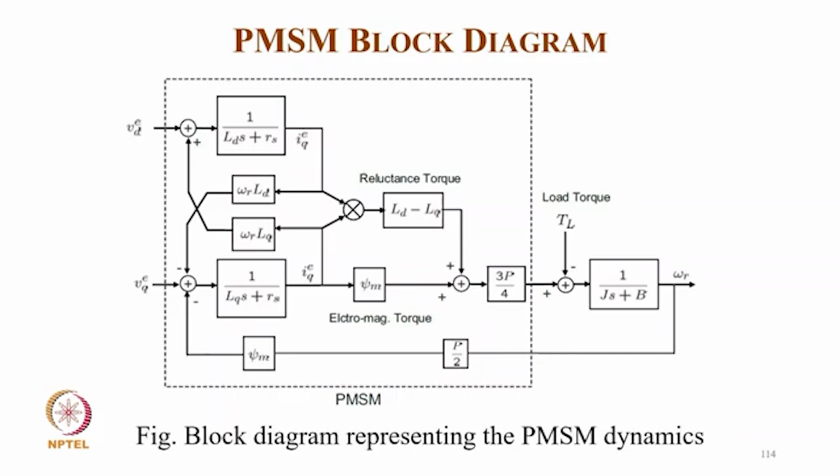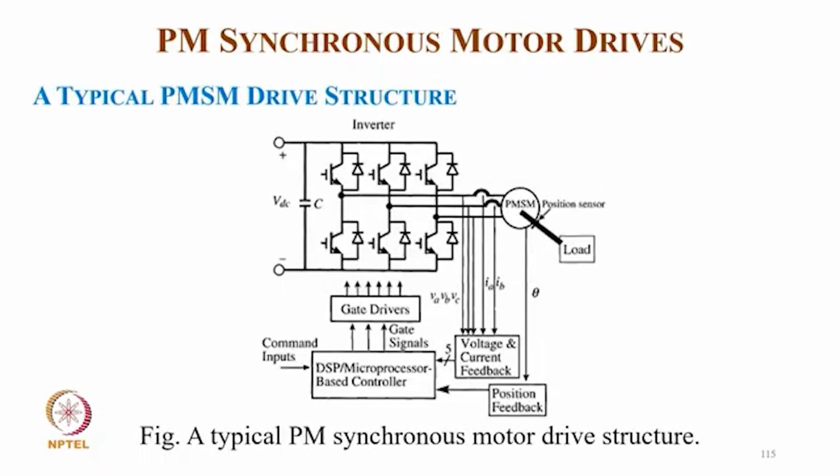It goes with id iq followed by the reluctance torque, Ld minus Lq multiplied by the current, and then phi m iq, which is the electromagnetic torque, into 3P/4. Then the minus load torque goes to the input of the mechanical part, 1/(Js plus B), which gives the output omega r.